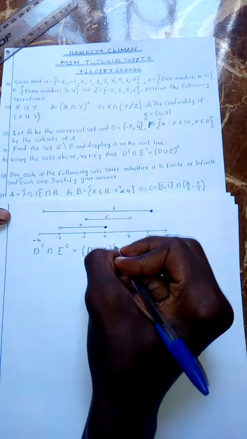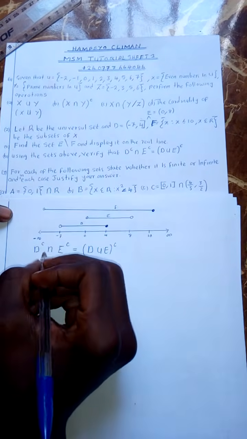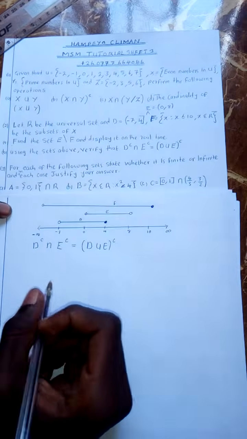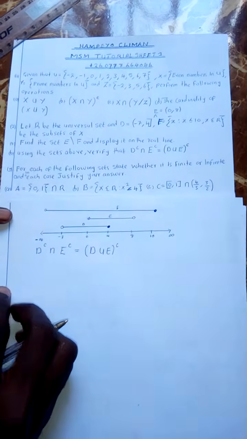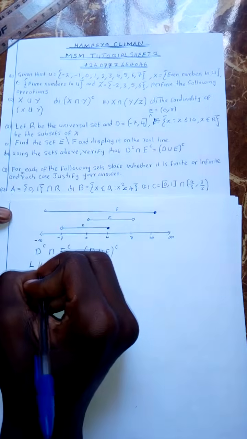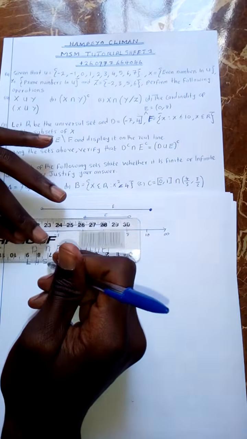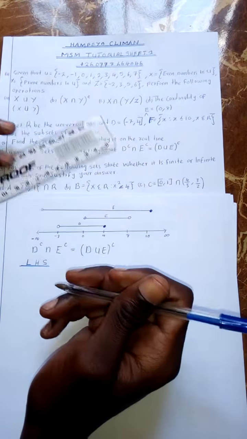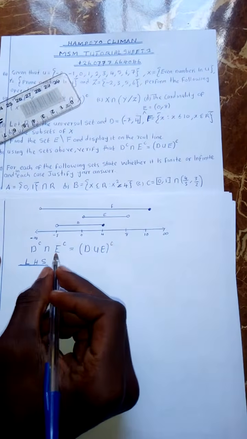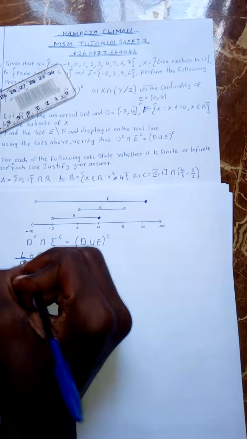It's very simple. So now they are saying that we can find D complement. That's the first thing to do. So we can say left hand side. Okay, so we do the left hand side like this. So for the left hand side, we are going to prove this side, then also prove this side. But then we are going to start with the D complement.